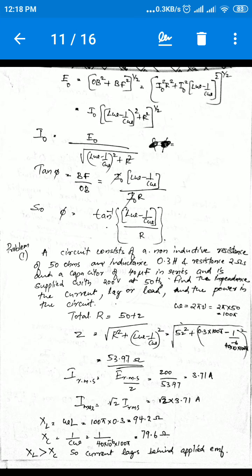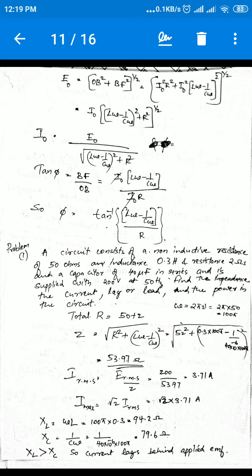So 40 into 10 raised to minus 6 farad into 100 pi and whole square. So if you calculate that, it will be 53.97 ohm. That is the effective impedance of the circuit. So we have found out the first question. Find the impedance. So the first question we have found the answer.